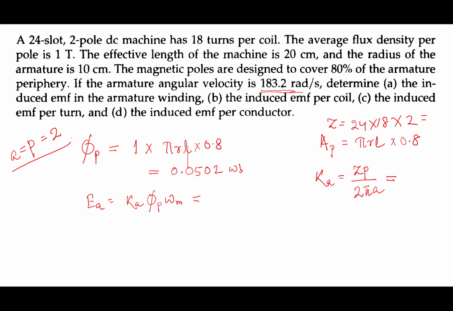Please tell me the answer quickly. Which one? That K, the final. Ka. Yes, sir. 137.5. Okay. Now you find Ea. That is the voltage induced across the armature.